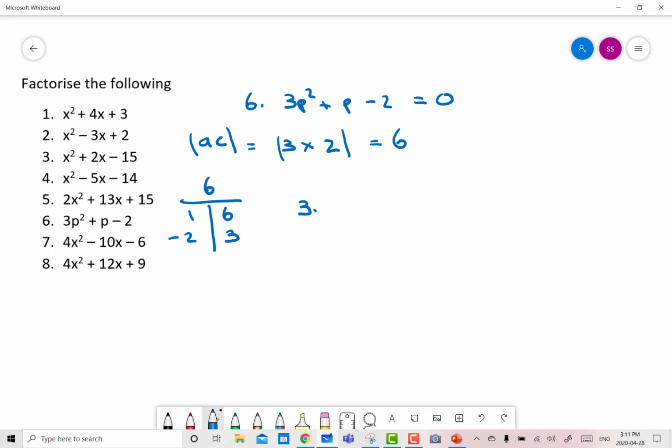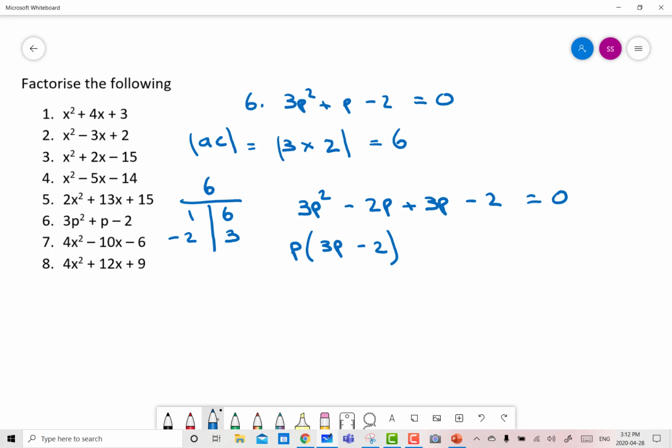So my expanded form is going to be 3p squared minus 2p plus 3p minus 2 equals 0. So on the left-hand pair, if I take out p as common, that will leave me with 3p minus 2. And on the right-hand side, we can see here that there's no obvious common factor between the 3p and the minus 2.